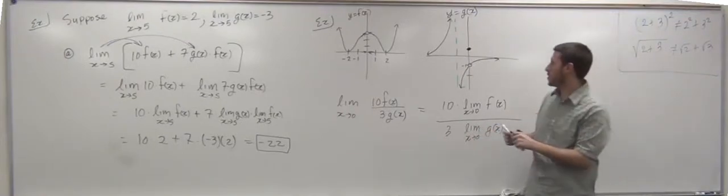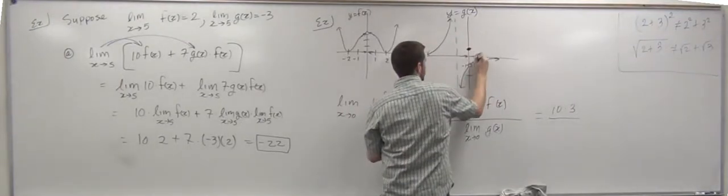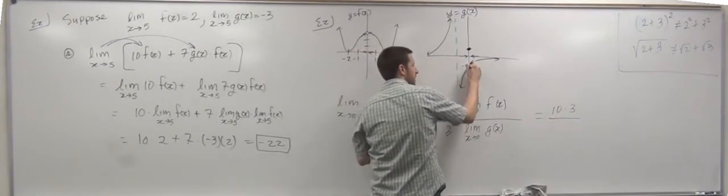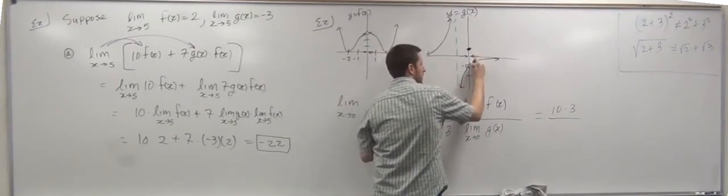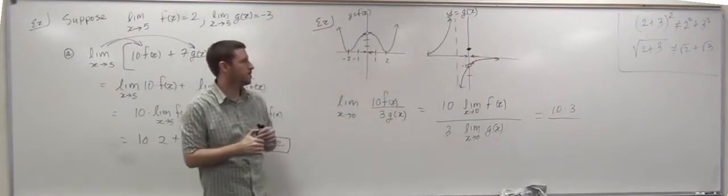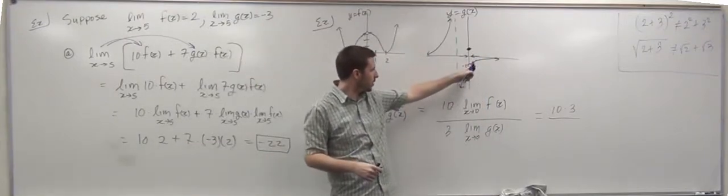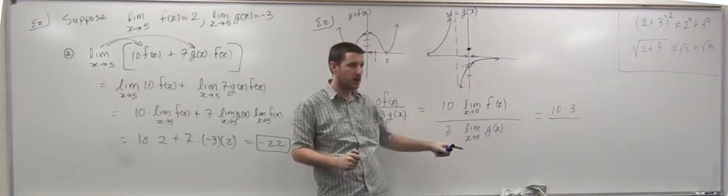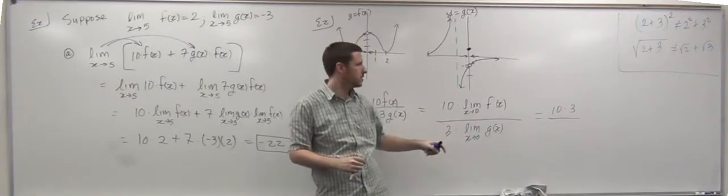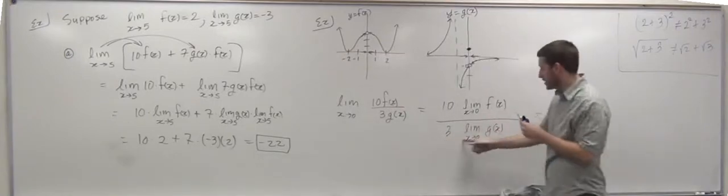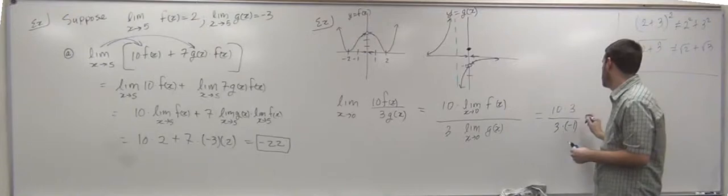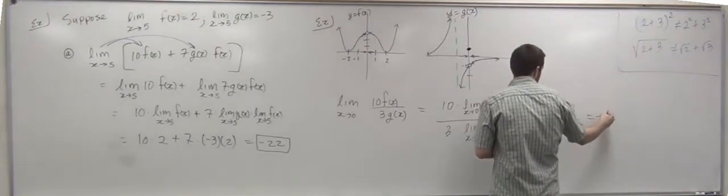As x goes to 0 on the g function, again, we're dealing with limits, so I'm looking at the trend. What are the y values approaching? They're approaching -1. Does that make sense? So on the bottom, I'll get 3 times -1. So 30 over -3.